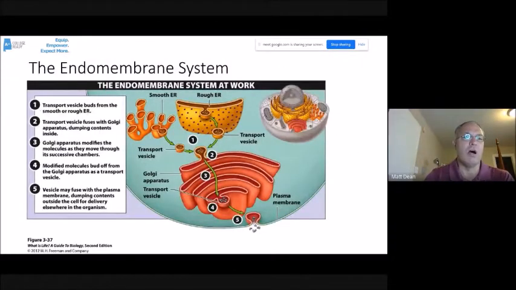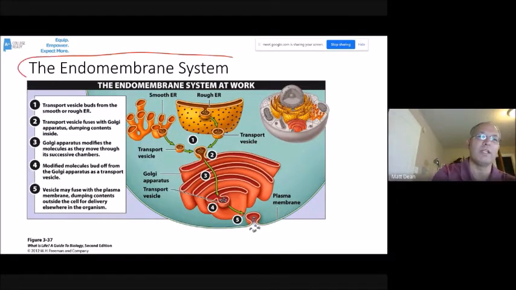So we're not going to talk about all the organelles and what they do today, but we are going to talk about a group of organelles that work together. Those organelles are known as the endomembrane system. So this typically starts at the rough ER. Remember, the rough ER is called rough because there are ribosomes on the surface of it. And we see the rough ER right here.